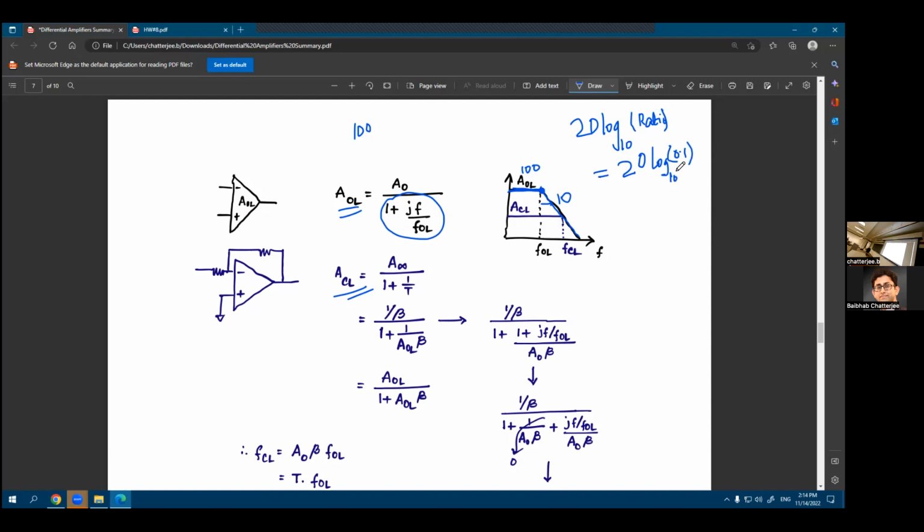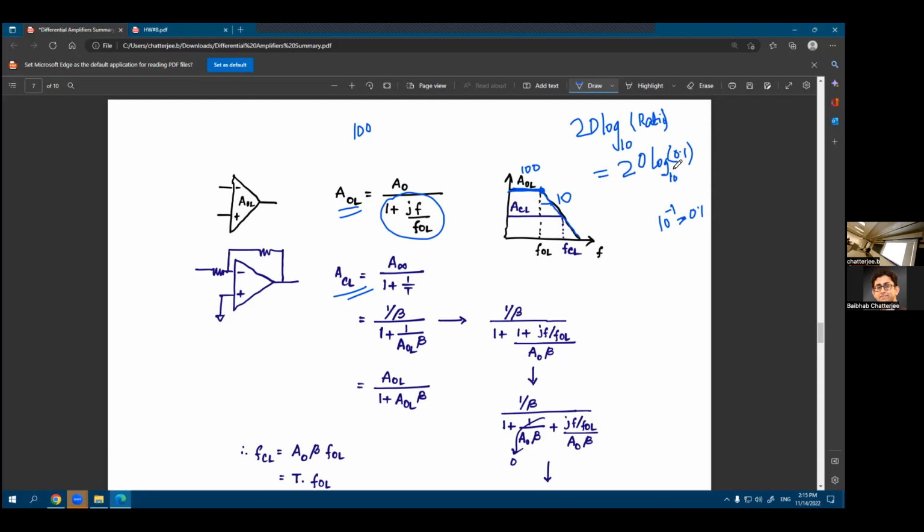That is -1, right? You may not be able to remember this all the time, just put it into a calculator, you'll see that log 10 of 0.1 is -1. Why? Because 10 to the power -1 is 1 upon 10, that is 0.1.